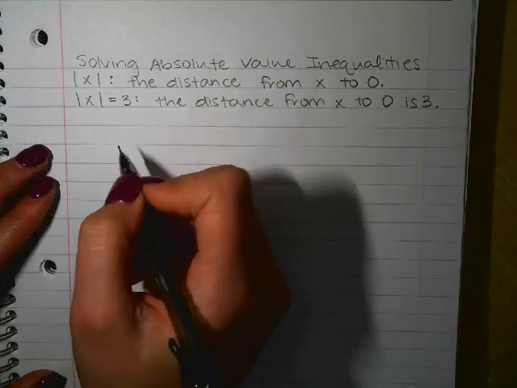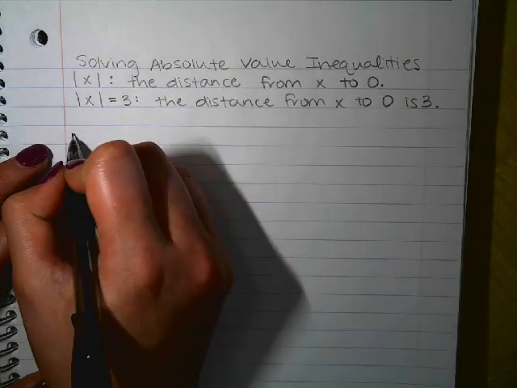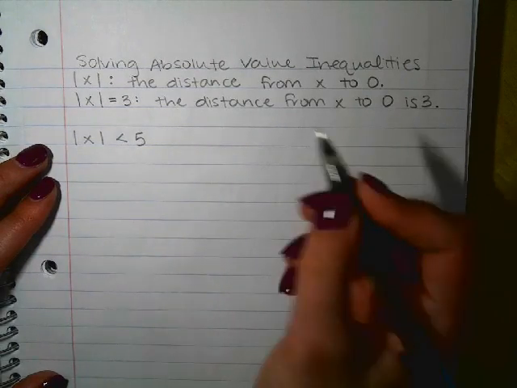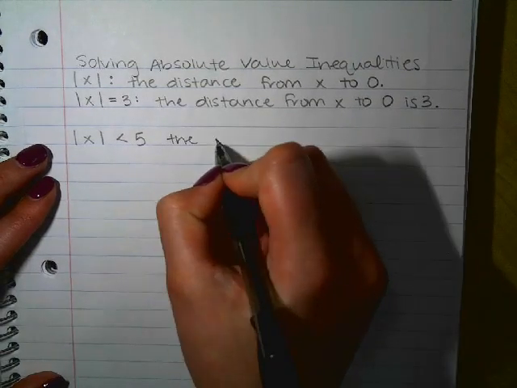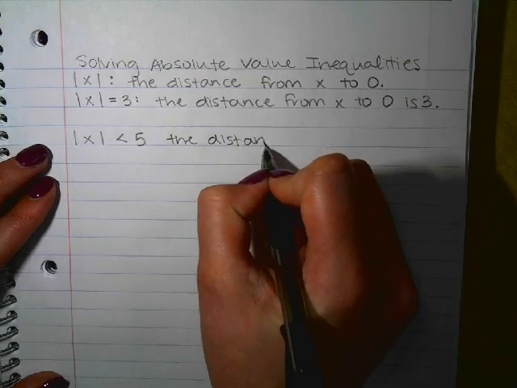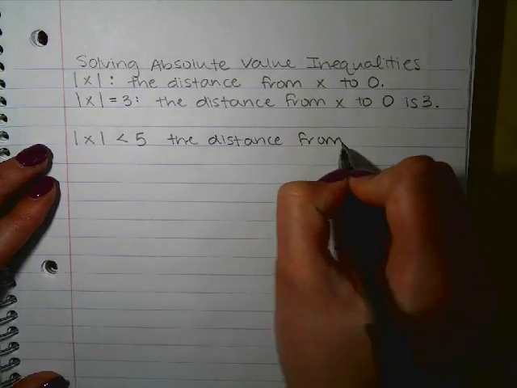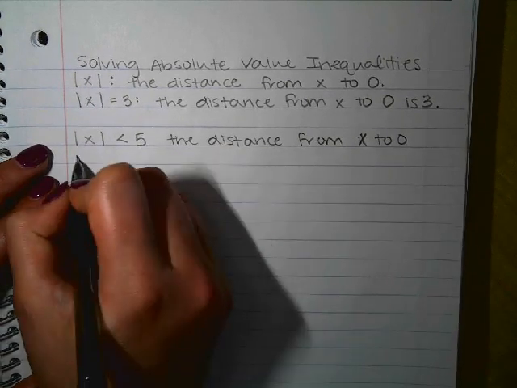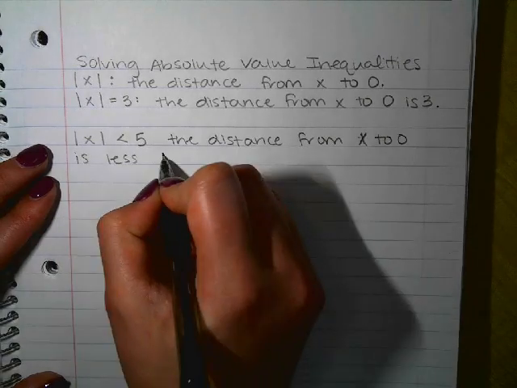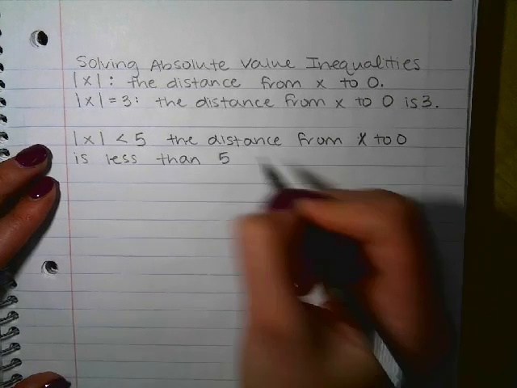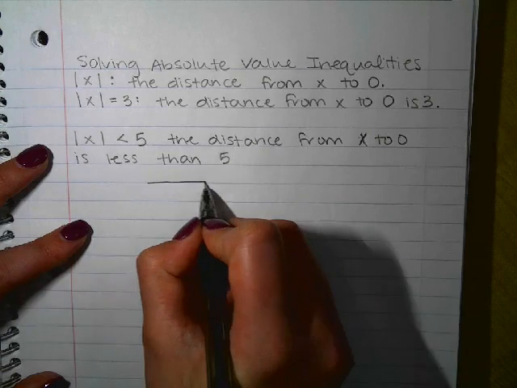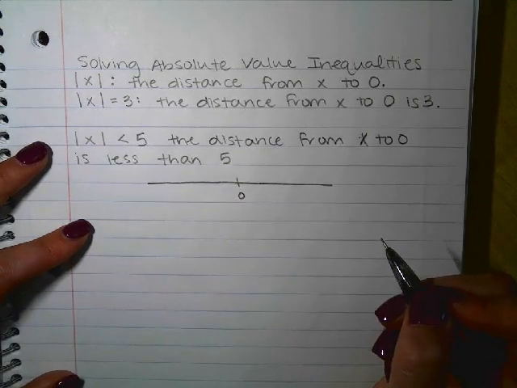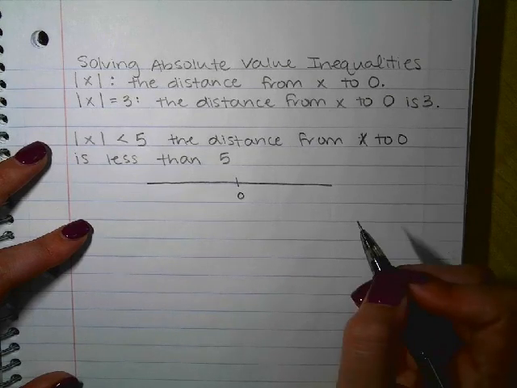Now, if we take that idea and start talking about inequalities, then when I say the absolute value of x is less than 5, I'm saying the distance from x to 0 is less than 5.